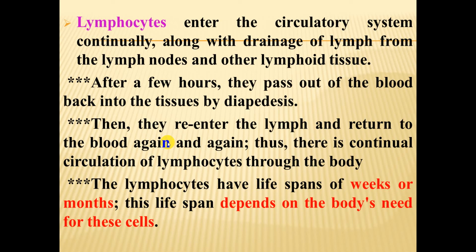As you notice, lymphocytes are in continuous movement. Formed in the lymph tissue, they flow with the lymph to the blood vessels, stay a few hours inside the blood, then return to the lymph tissue and again to the lymph and the blood vessels, and so on. Their movement continues, and the lifespan depends on whether the body needs the activity of these cells, if there is any inflammation or invasion by a foreign body.